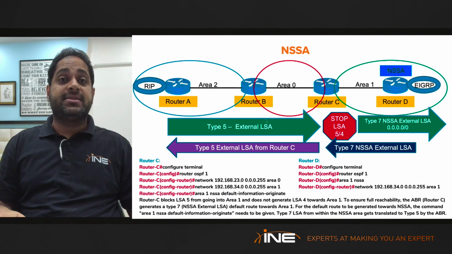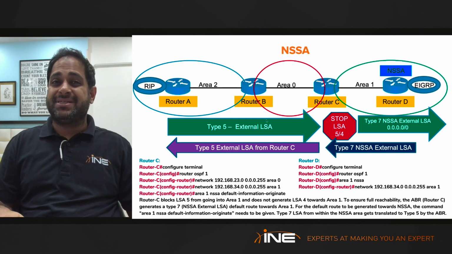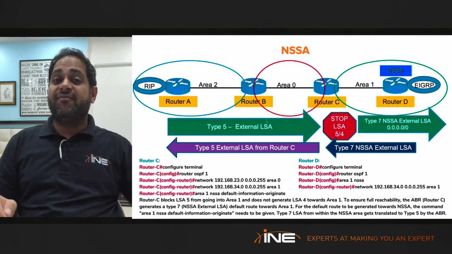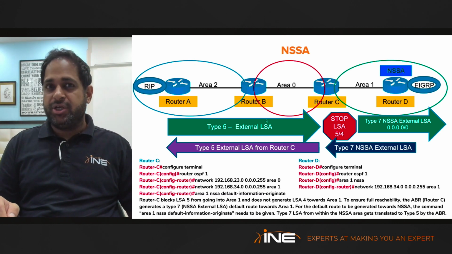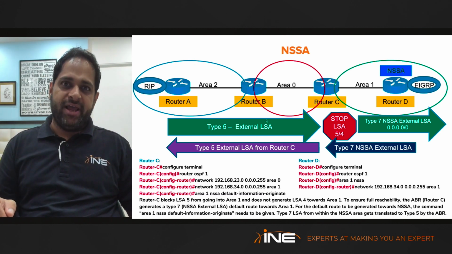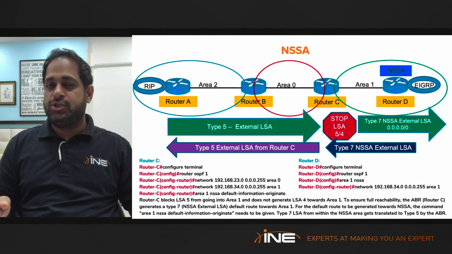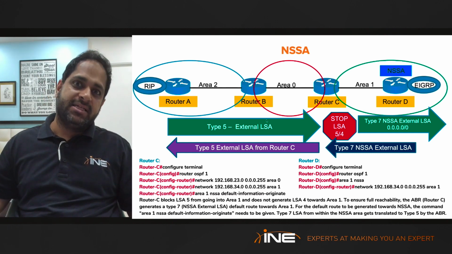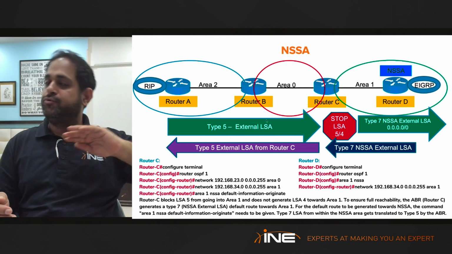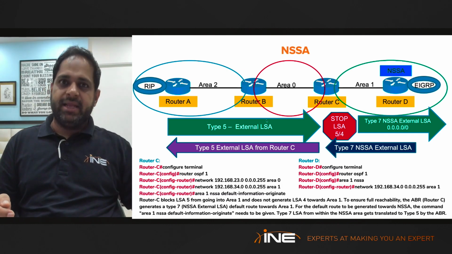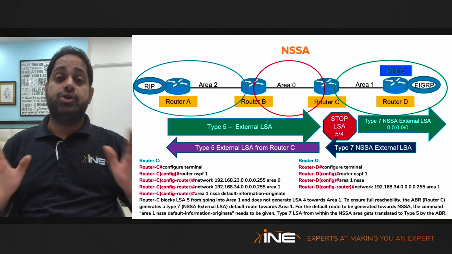As soon as router C, who's the ABR, gets type 7, he also sees a flag being turned on, which is translate 7 to 5. So router C translates the LSA 7 to LSA 5 and sends LSA 5 to everyone in the other areas throughout the OSPF domain unchanged.